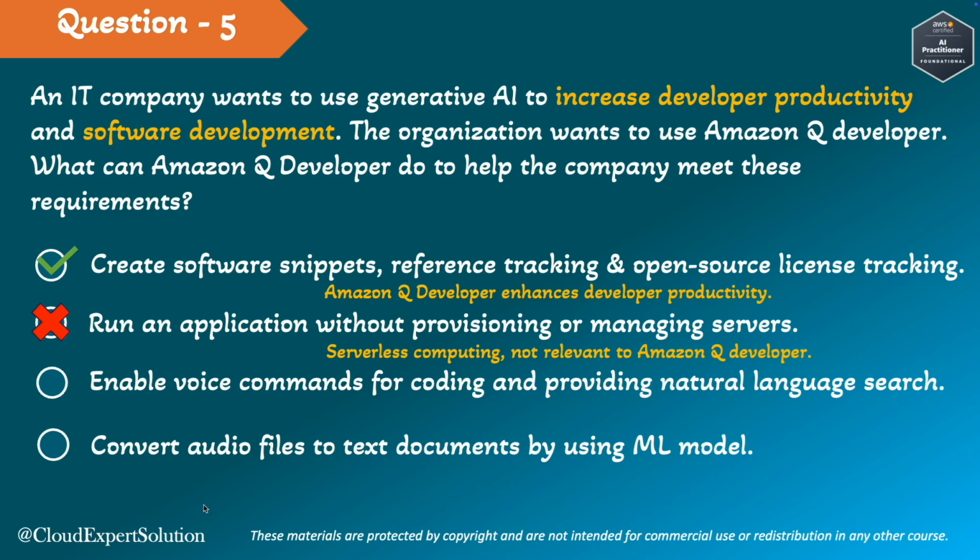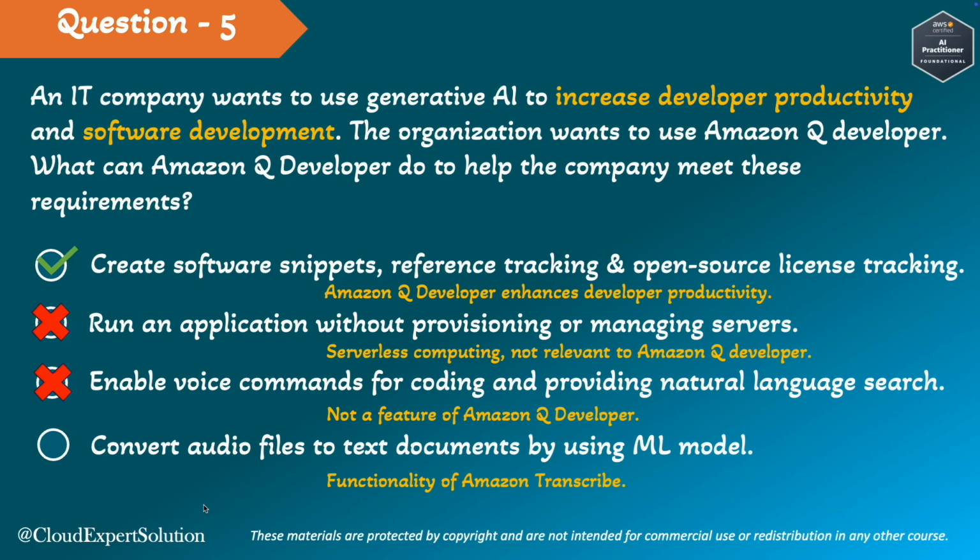Option number 3, enable voice commands for coding and provide natural language search. This is not a primary focus of Amazon Q Developer and this is not an Amazon Q Developer feature. Hence, option number 3 is also not a correct option. And the last option is talking about converting audio files to text documents by using a machine learning model.